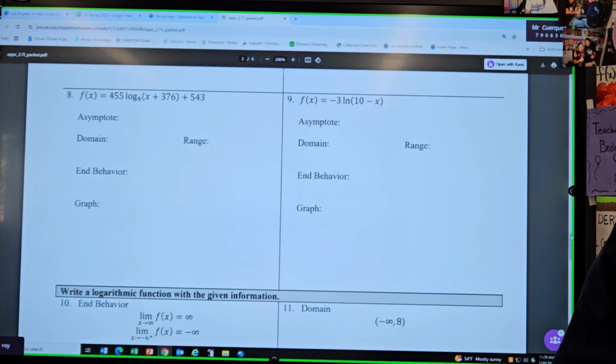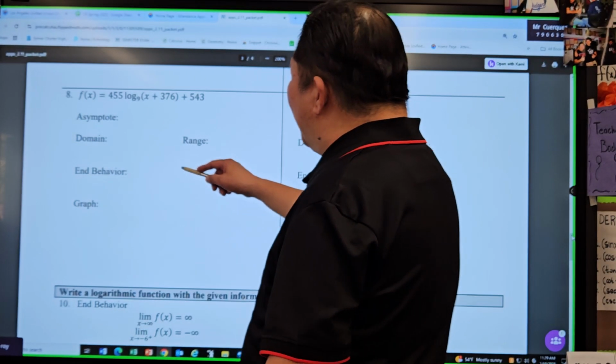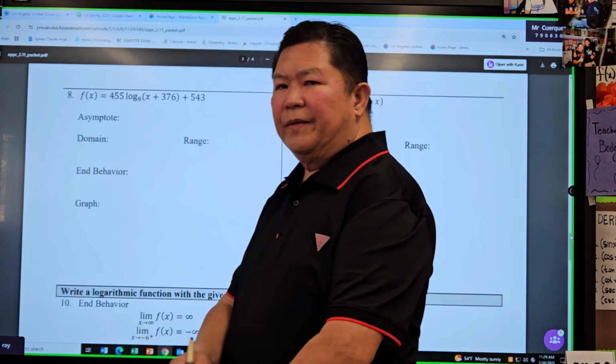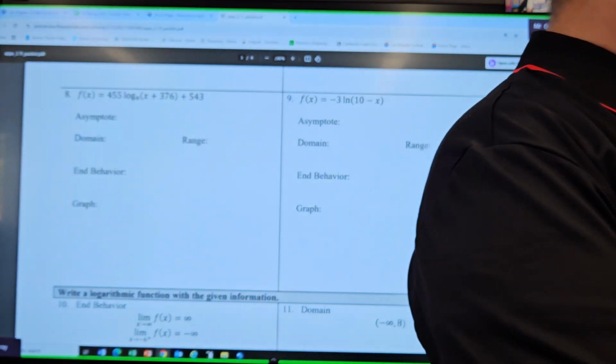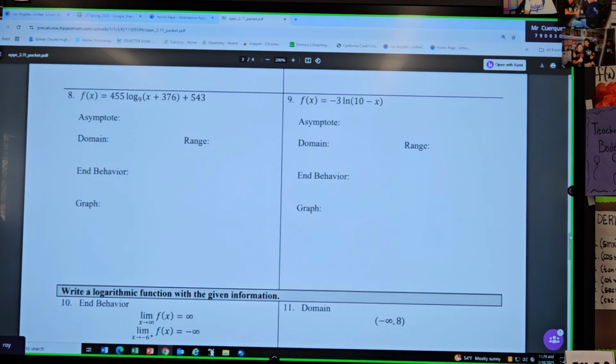Okay. So what is 455, guys? What do you know about 455? It is what? Vertical, horizontal? It's going to be vertical, right? Sure?